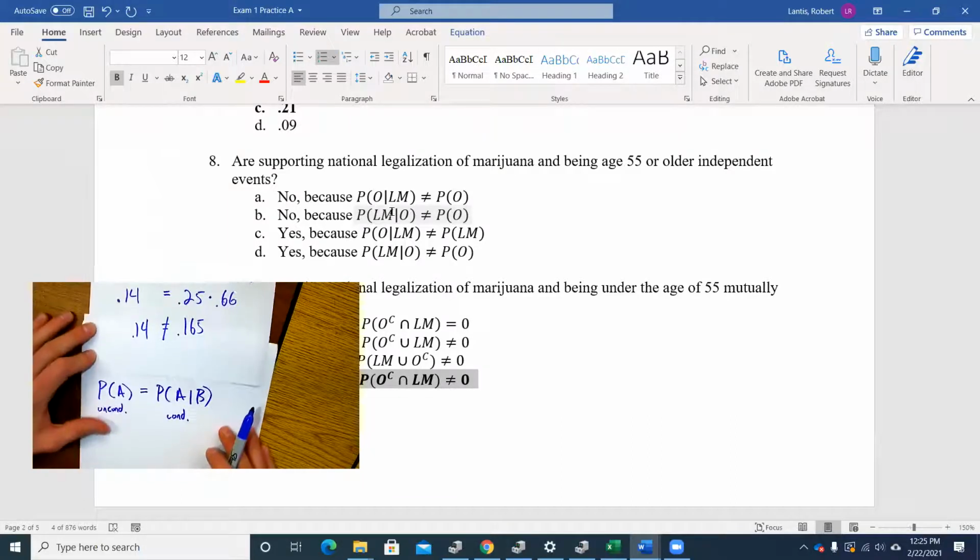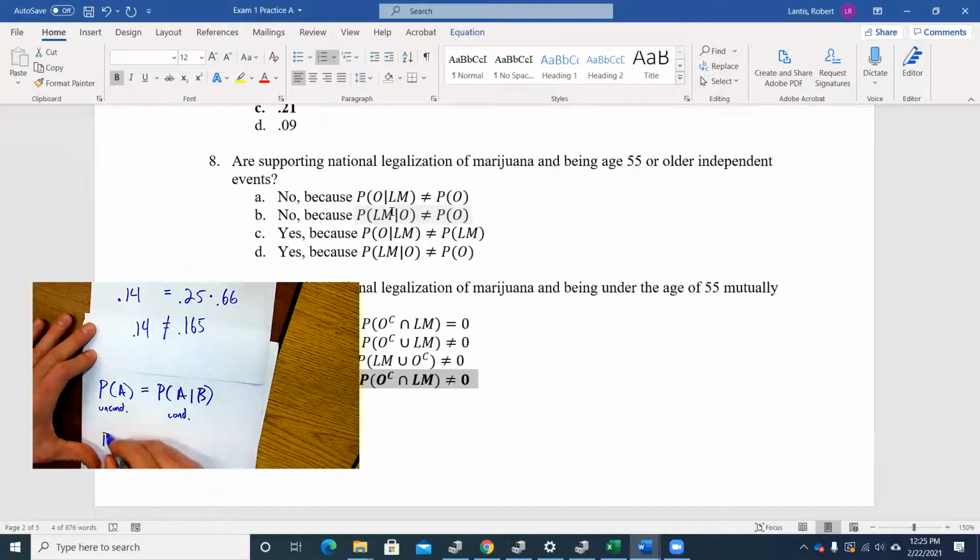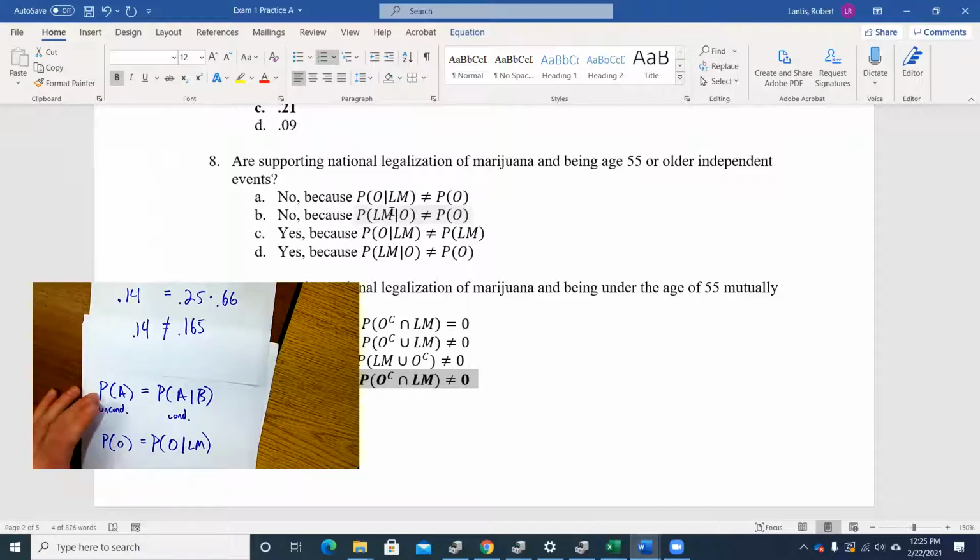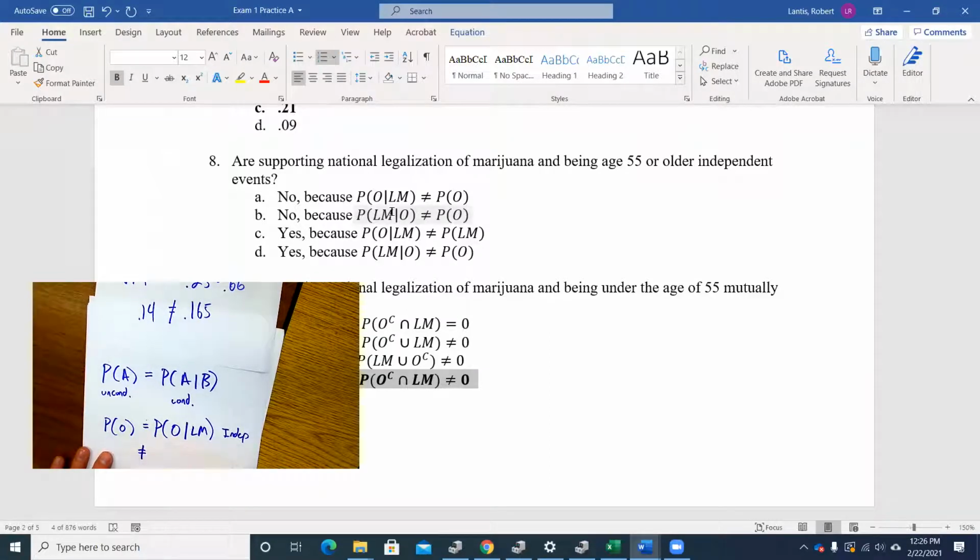In the context of our example, if the probability of being older than 55 is the same as the probability of being older than 55 given that they want marijuana legalized, then I know that they're independent. If it doesn't hold and they're not equal, we would say that they are dependent, or not independent.